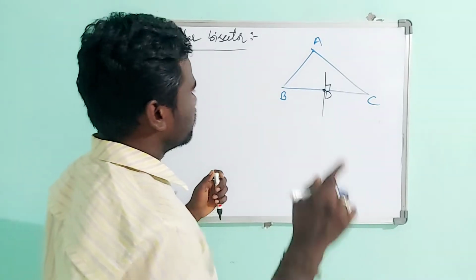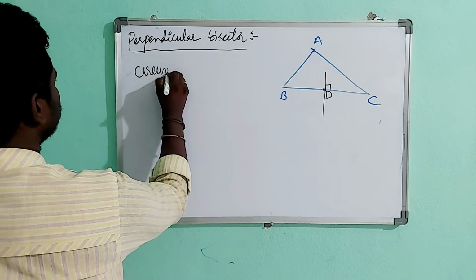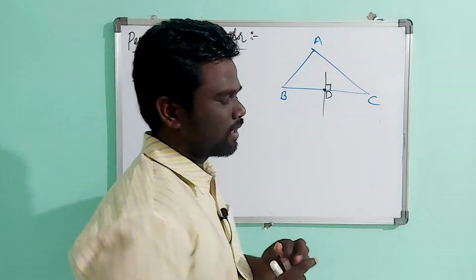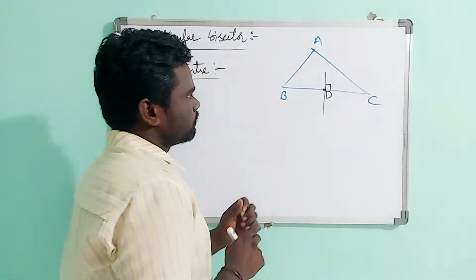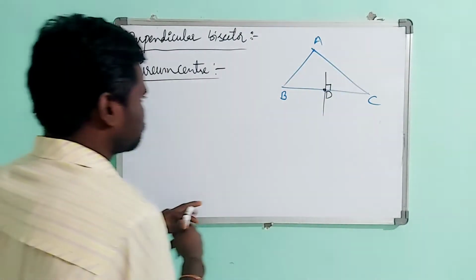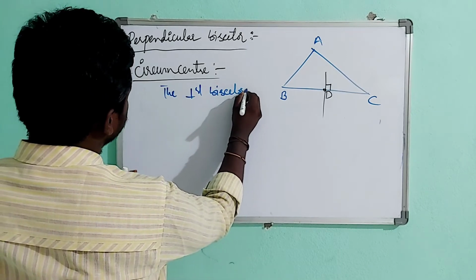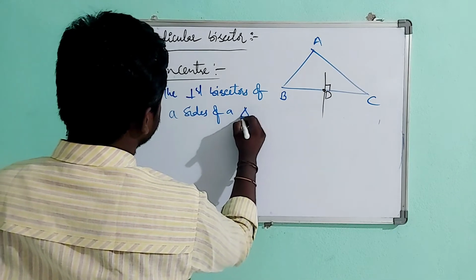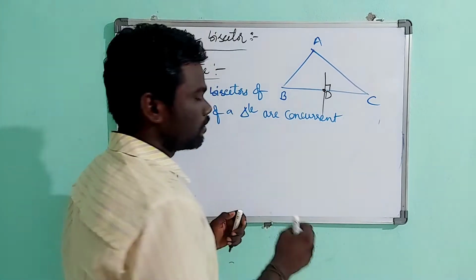Now we will move on to the definition of circumcentre. What is meant by circumcentre? We have different types of definitions for circumcentre, so we will discuss all. First of all, the perpendicular bisectors of the sides of a triangle are concurrent, which means passing through the same point.